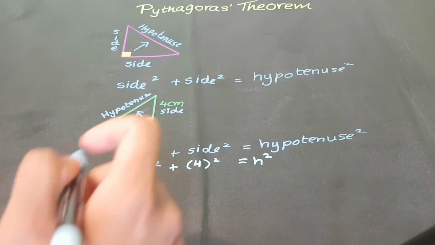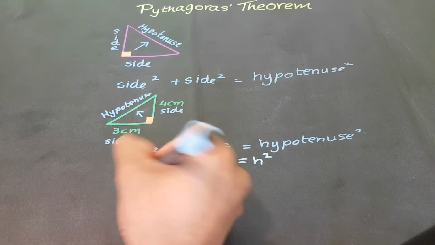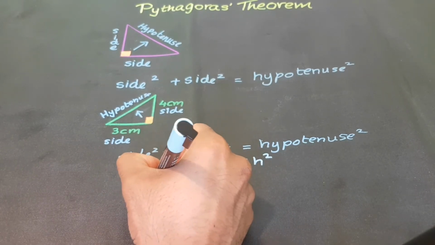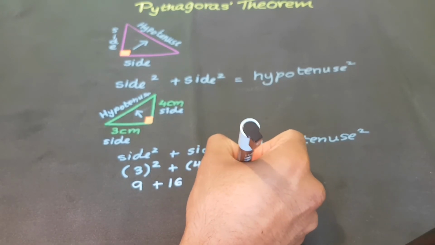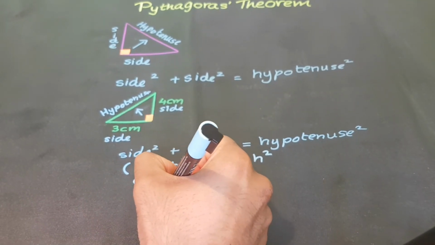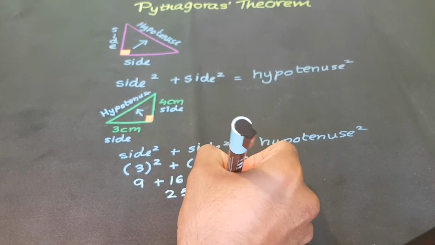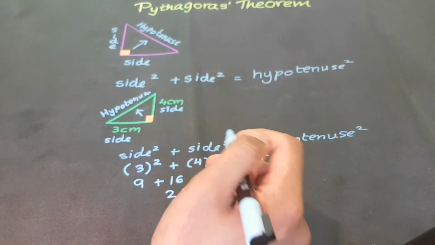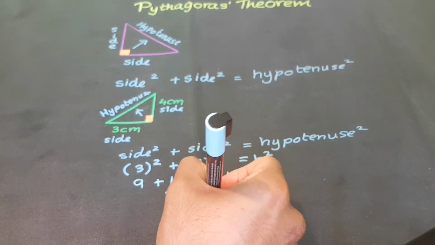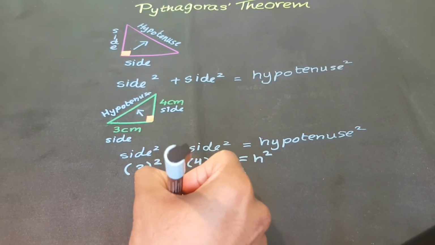Okay, so I square the 3. 3 squared is 3 times 3, which is 9. And 4 squared is 4 times 4, which is 16. 9 plus 16 is h squared, which is 25. And to get h, I basically have to do the inverse of squaring, which is square root.